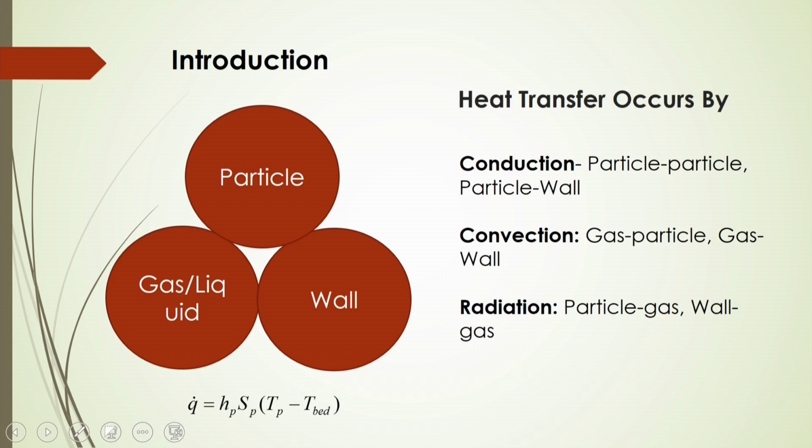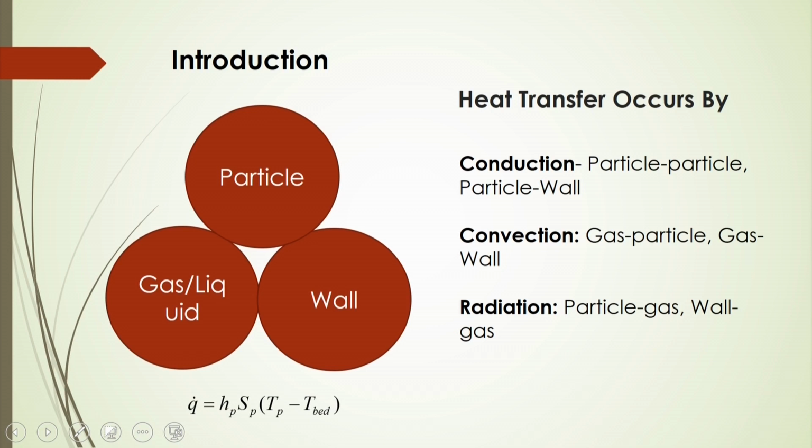Now, conduction may occur between particle and particle or wall contact, and then convection will happen within the gas particle and gas wall system, and radiation will of course be in the particle gas and the wall gas system inside the bed.